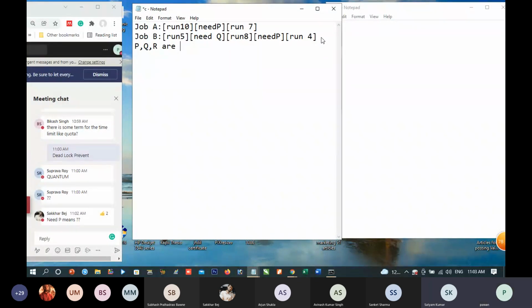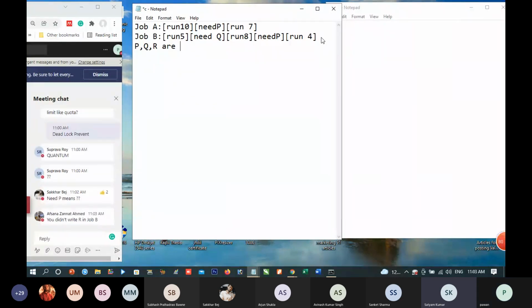Is it correct? And when a job has got all resources except CPU, it is called in a ready state. For the time being, I am not using R, I am only using Q and P.